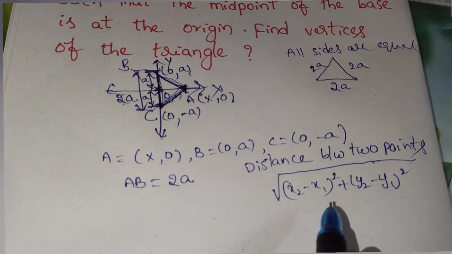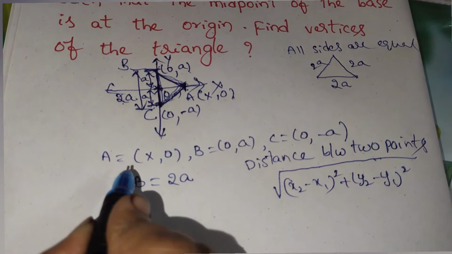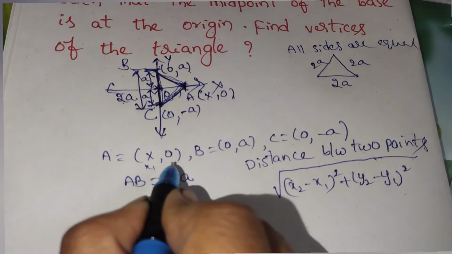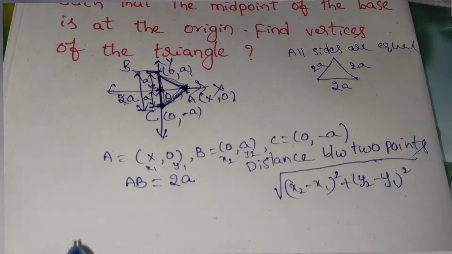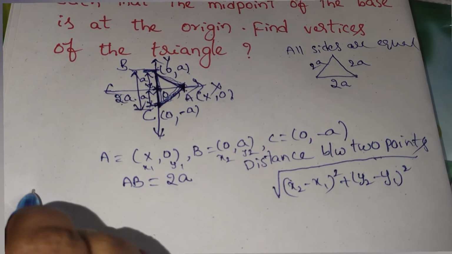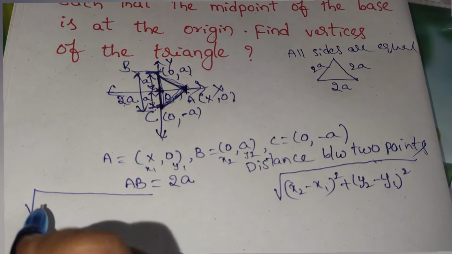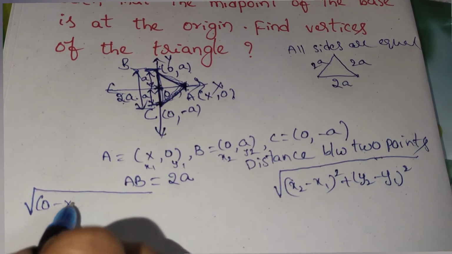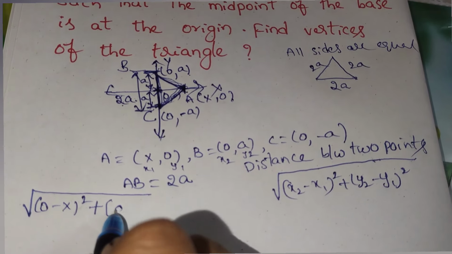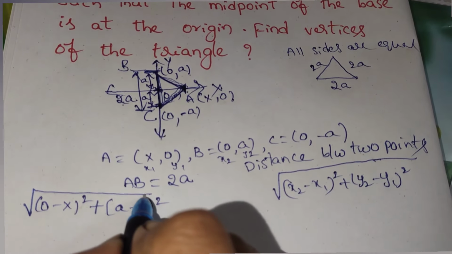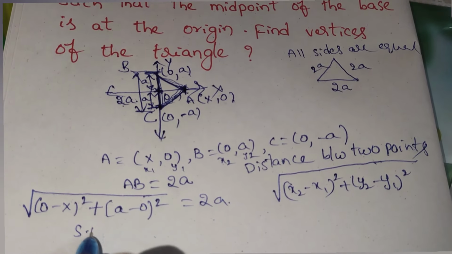So by using this formula we simplify. A we consider as x1, y1, and B is x2, y2. Now substitute in this formula: square root of x2 minus x1, 0 minus x whole square, plus y2 minus y1, a minus 0 whole square, that equals 2a. Now square on both sides.